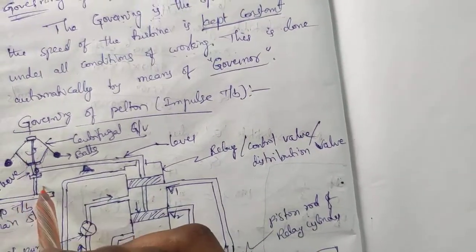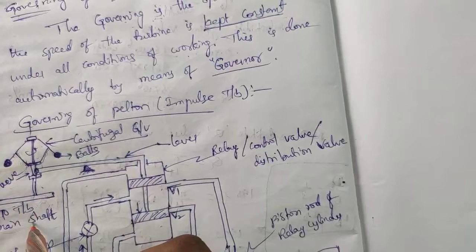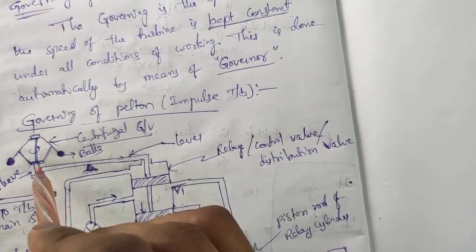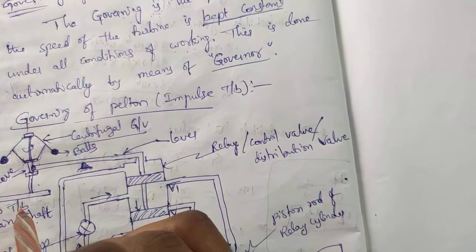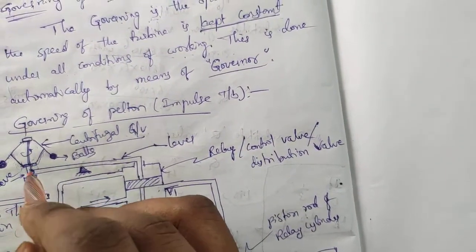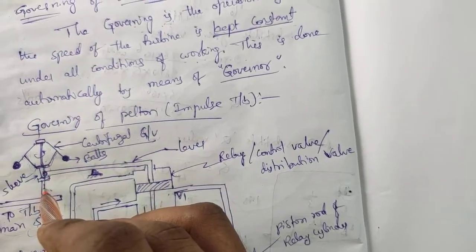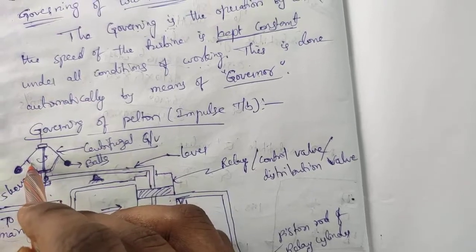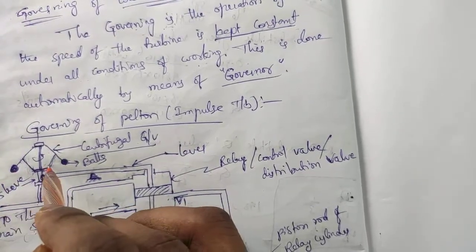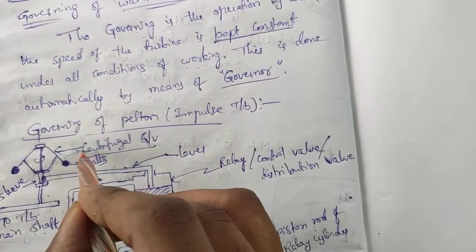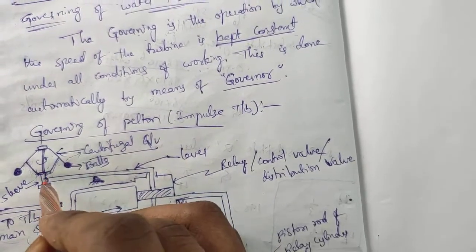This governor is rotated with the same speed as the turbine shaft. So when the turbine shaft speed increases, the governor shaft also rotates with the same higher speed. Due to this high speed, these balls move towards outside, thereby this sleeve moves upward.